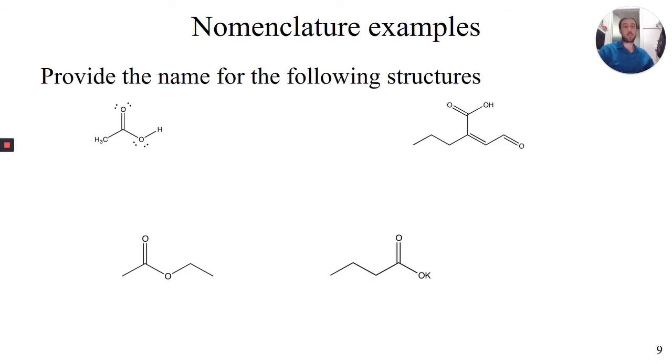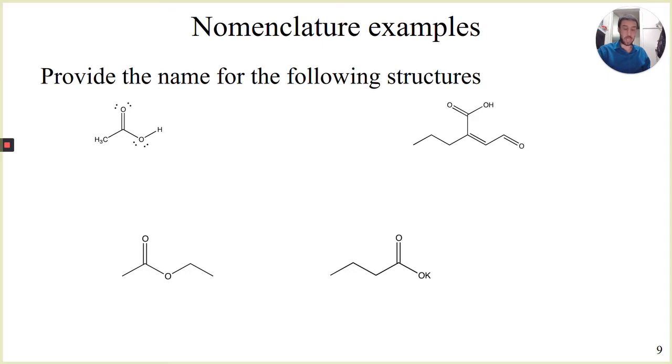So if we were to go through and provide the name for these things, you should be able to break it down similarly. So I will name the top two for you, and then I'll leave you to process through the bottom two, which are a little bit more straightforward, but I'll highlight the aspects that would be super important. So let's take a look at the top two examples.